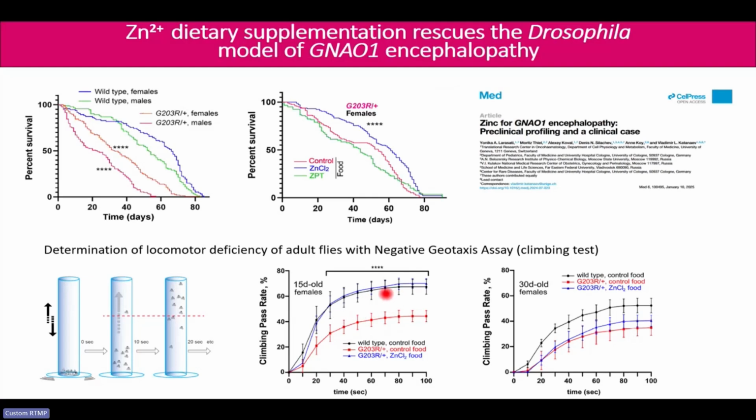These two lines which go together are the control wild-type flies without supplementation, and the mutated flies with zinc supplementation. This effect is still visible, but it's quite less in older flies.